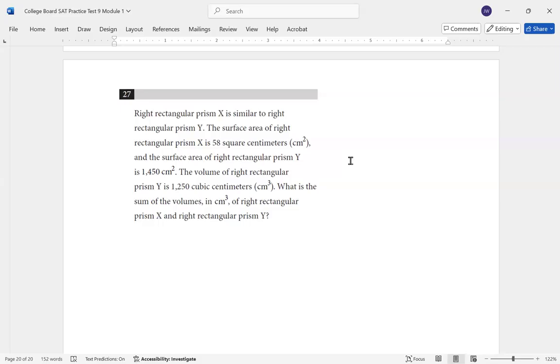So what we're going to do is notice that, first off, the surface area of X is equal to 58 centimeters squared.